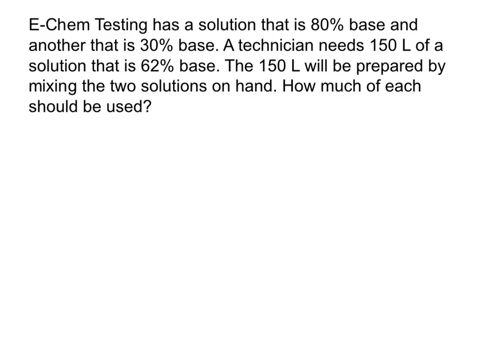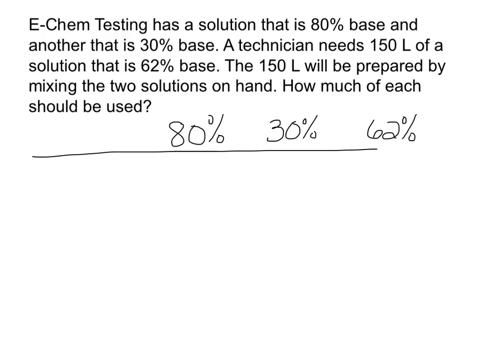I'm going to let my columns be the solution mix. The first column will be 80%, the second will be 30%, and the third will be 62%. My first row I'm going to let be the number of liters.